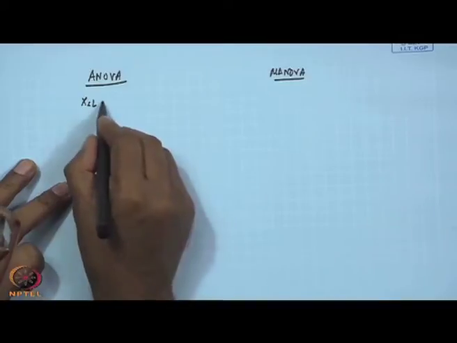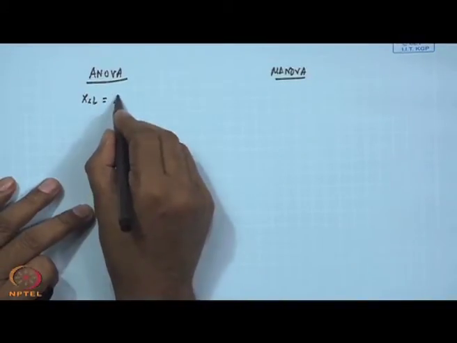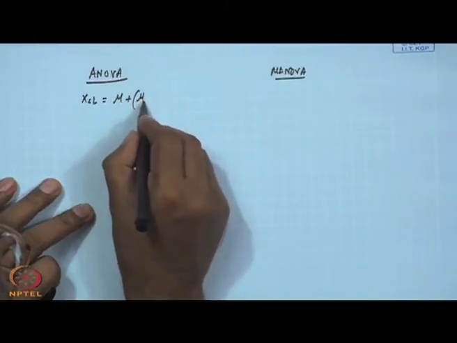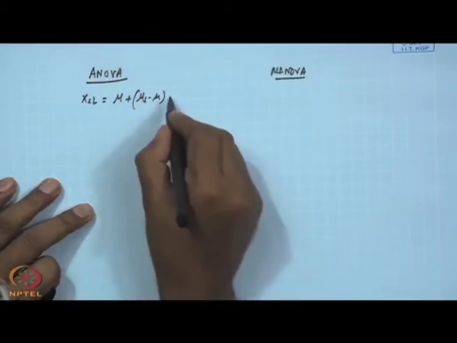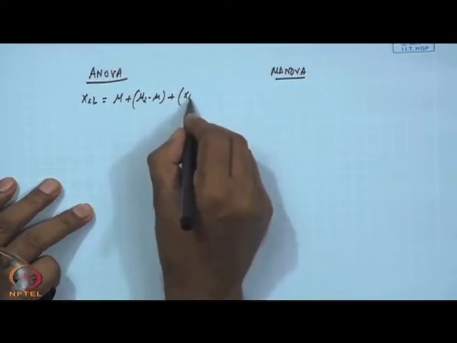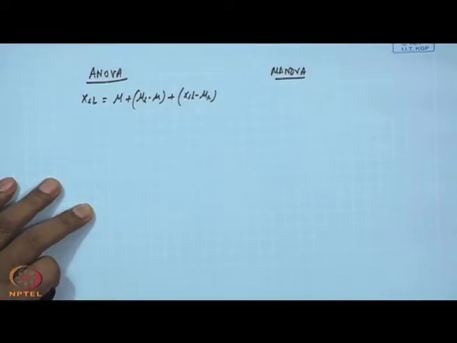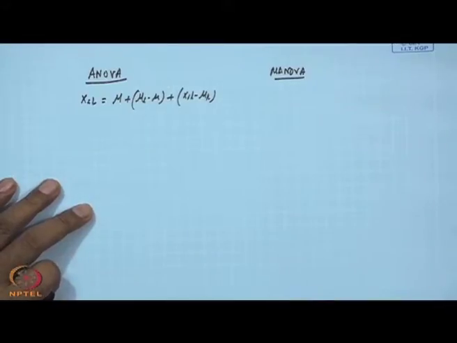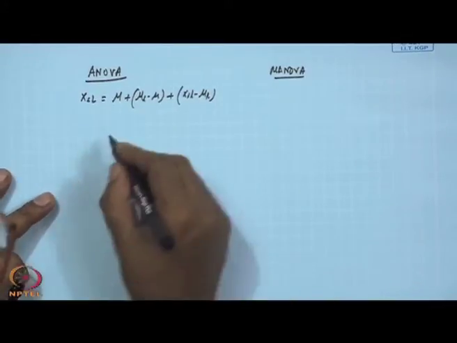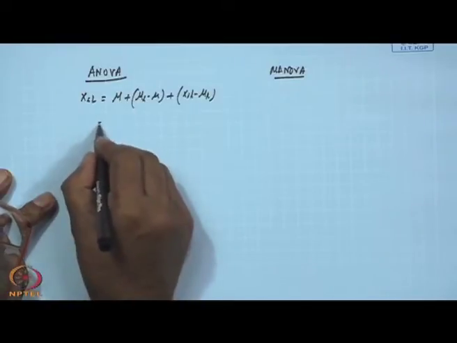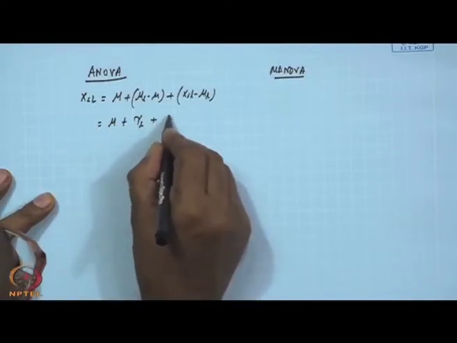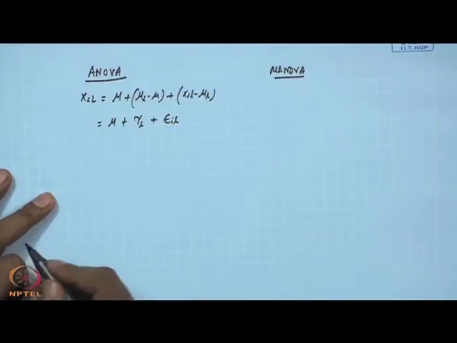In the ANOVA case, XIL is partitioned like this: mu plus (mu L minus mu) plus (XIL minus mu L). This is the way you partition, and we say this equals mu plus tau L plus epsilon IL.